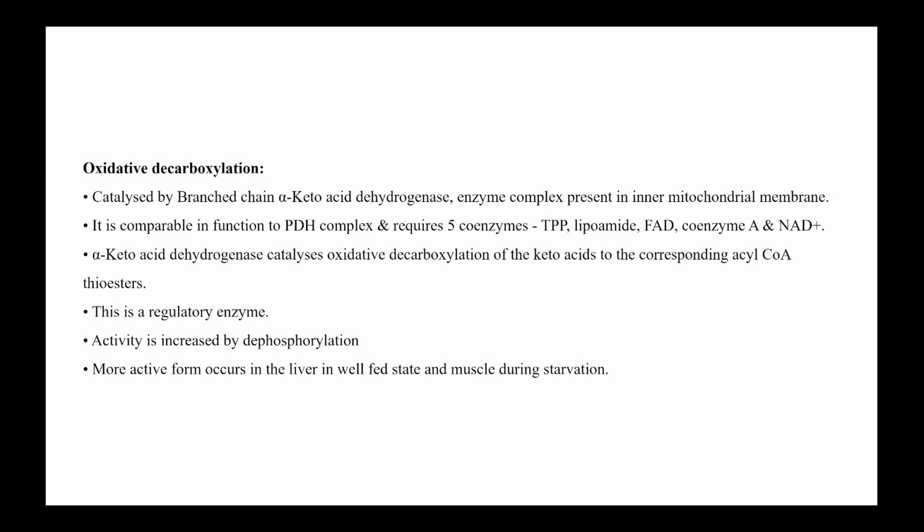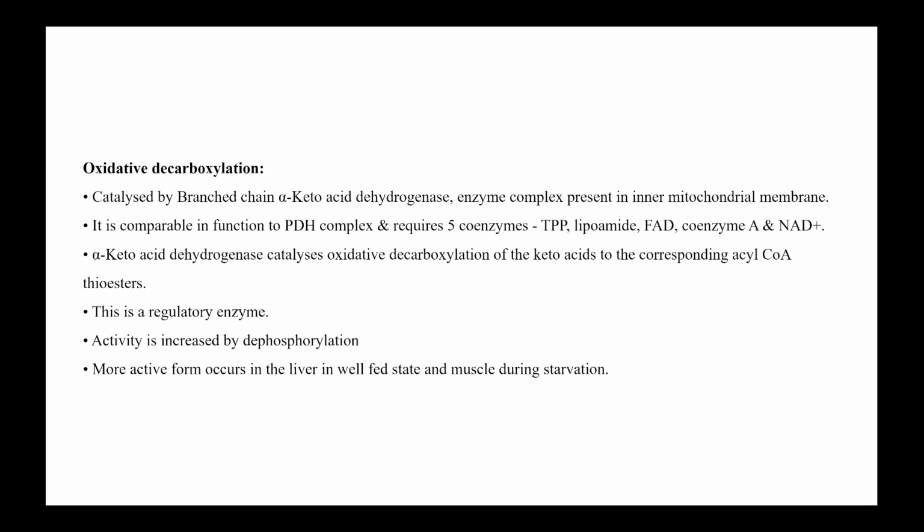So TPP is thiamine pyrophosphate, and vitamin B1 is basically thiamine. So vitamin B1 is required for the branch chain alpha keto acid dehydrogenase enzyme complex reaction, because it requires the coenzyme TPP, thiamine pyrophosphate, that is derived from vitamin B1.